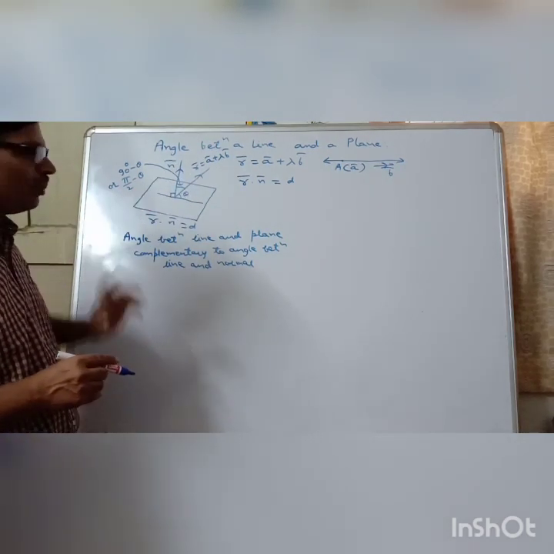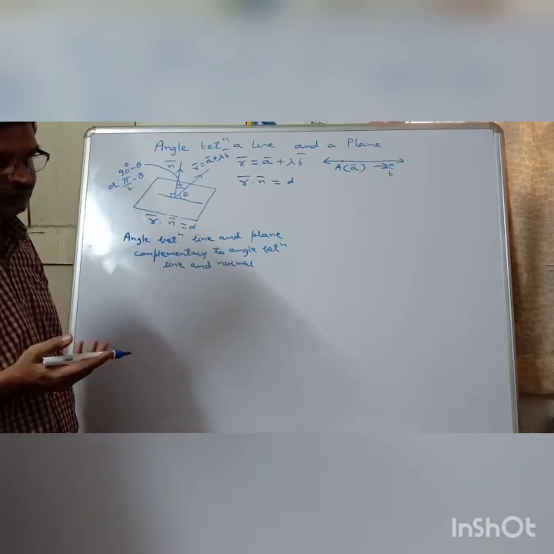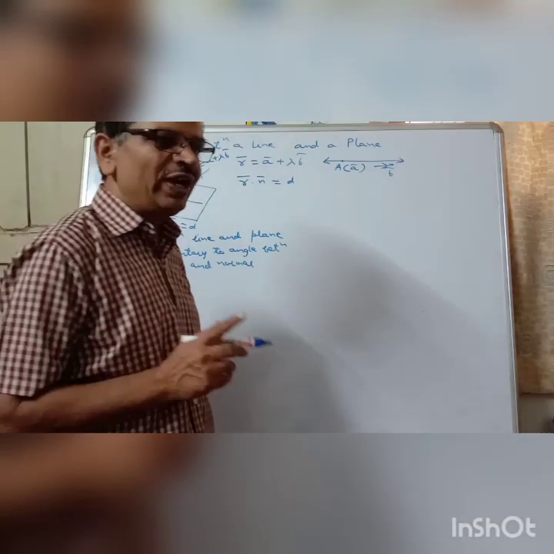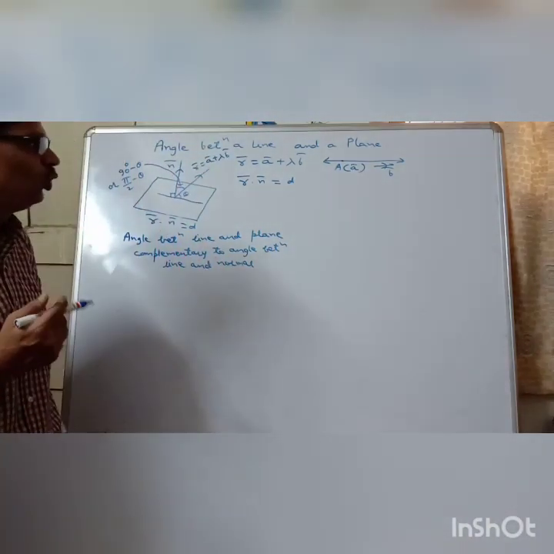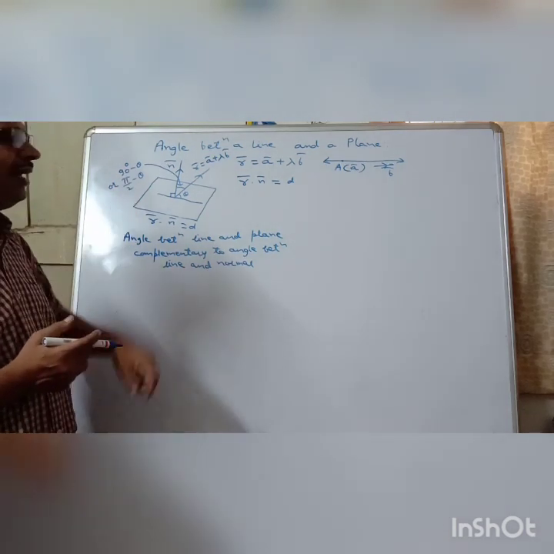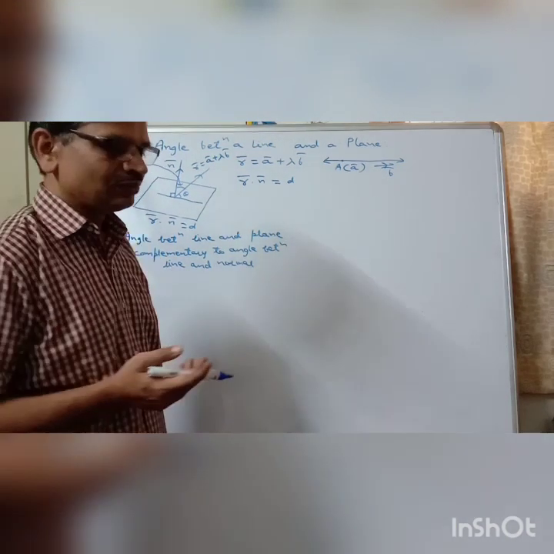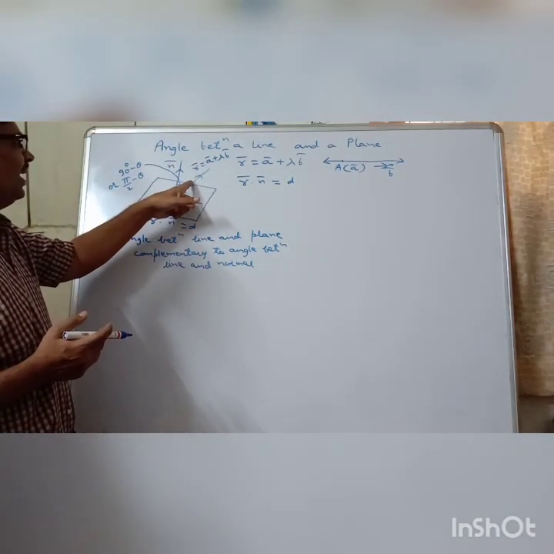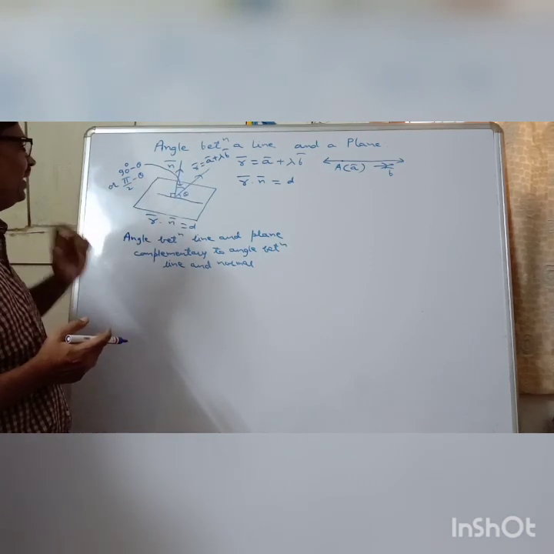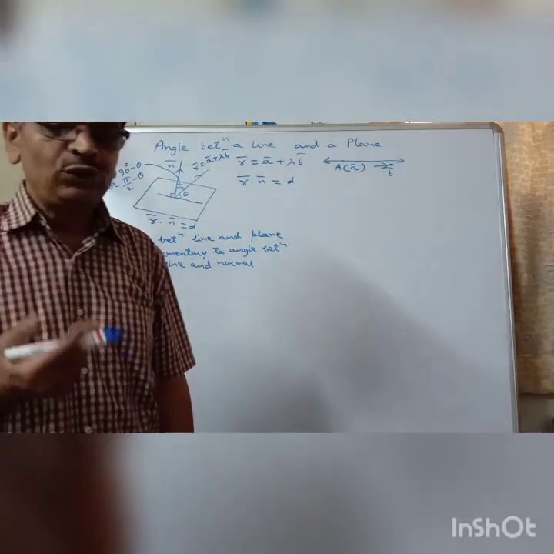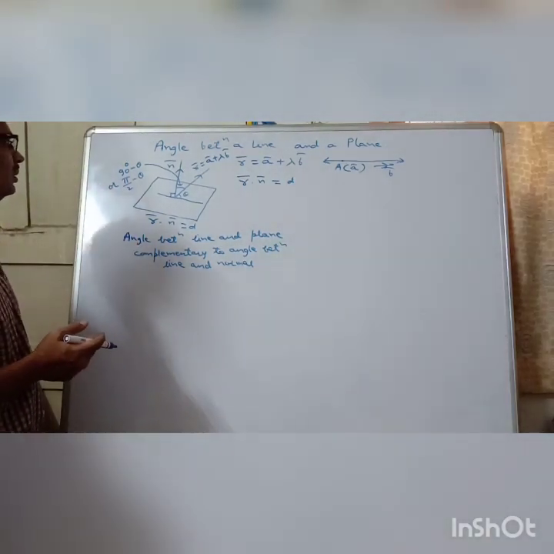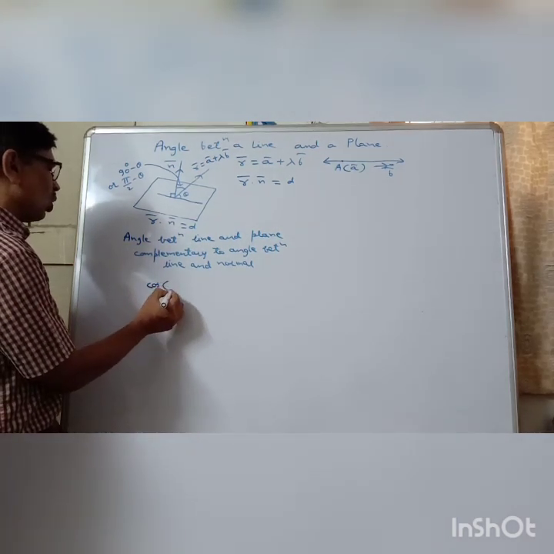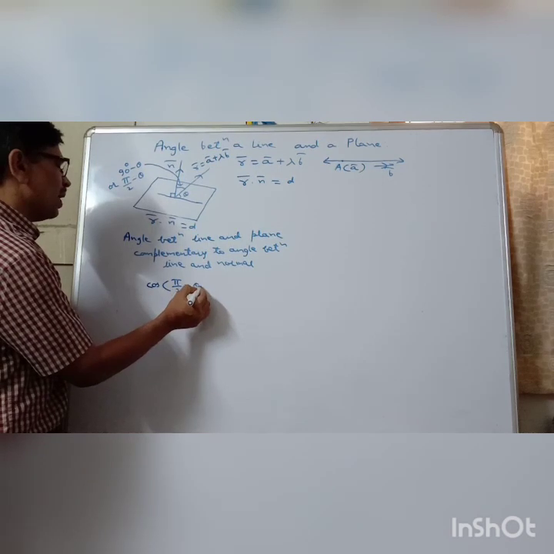This is a line. The normal is also a line. These are two vector quantities. We can find the angle between two lines or the angle between two vectors. Now, the angle between line and normal is 90 minus theta or pi by 2 minus theta, and the angle between two lines is given by cos pi by 2 minus theta.